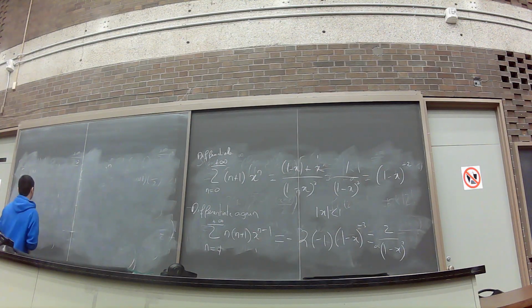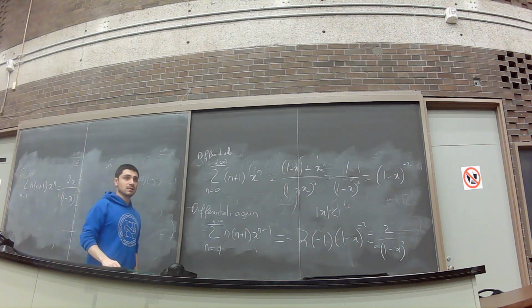And then what value do I plug in for x? Sigma n equal 1 to plus infinity of n times n plus 1 times x to the n is equal to what? To 2x over 1 minus x cubed. Is that right?